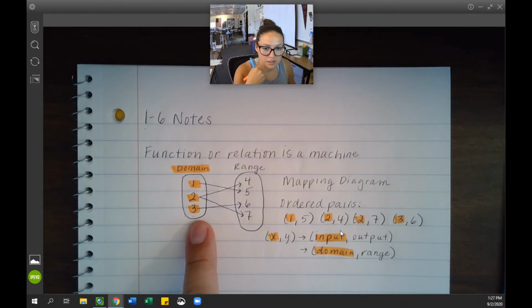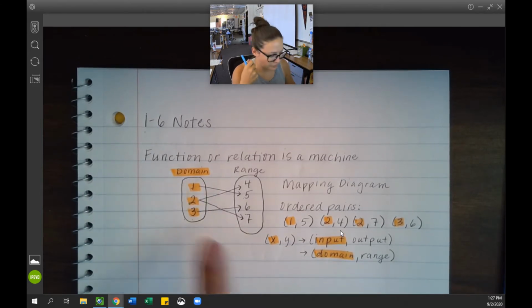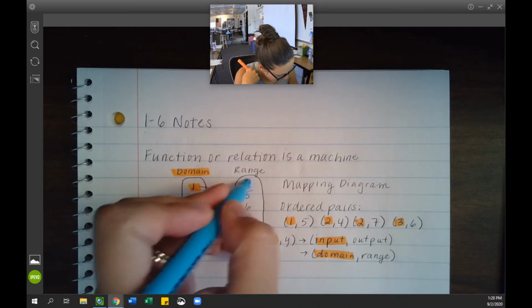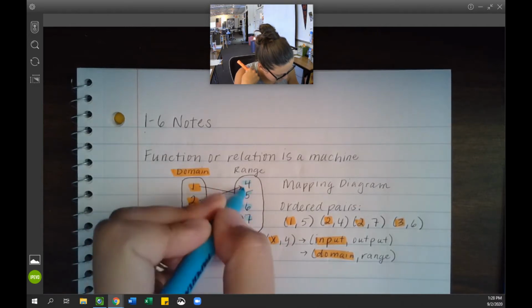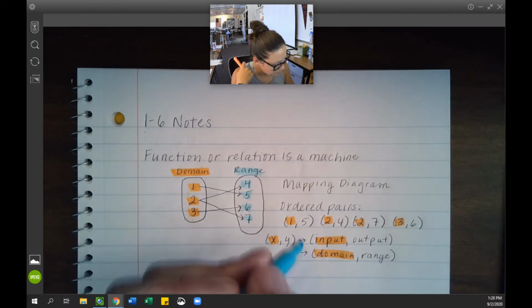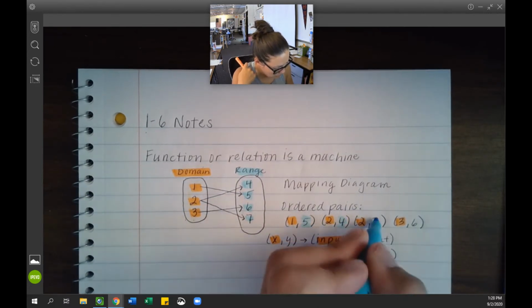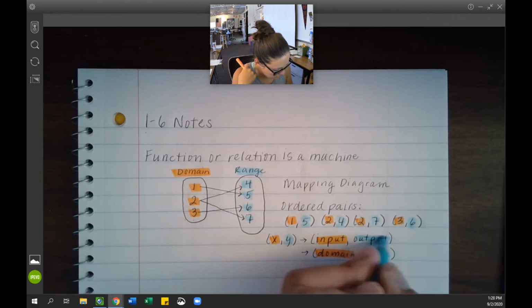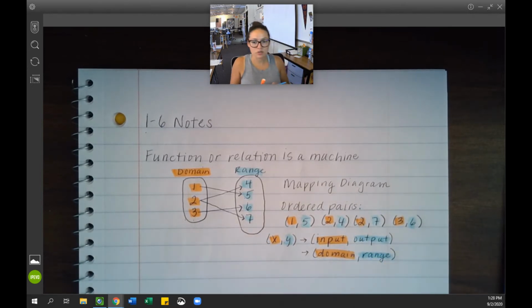The inputs are the domain. They're also the X values when we write our ordered pairs. The outputs are the range. So these are all the outputs, and they are all the Y coordinates. It's really important that all of those words go together in your brain.